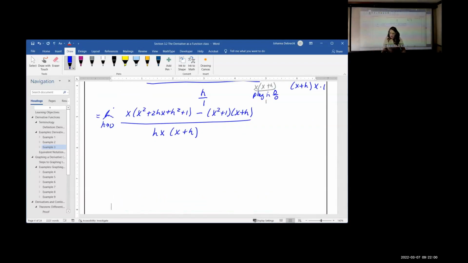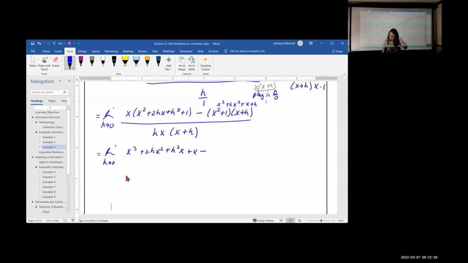So if I multiply out the factors, I end up with, let's see, x cubed plus 2hx squared plus h squared x plus x minus, if I multiply these out, I would get x cubed plus hx squared plus x plus h.